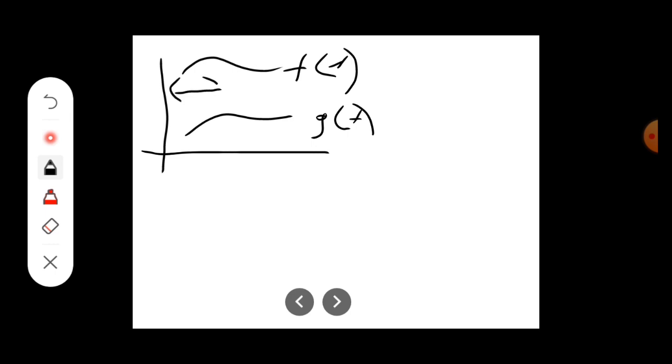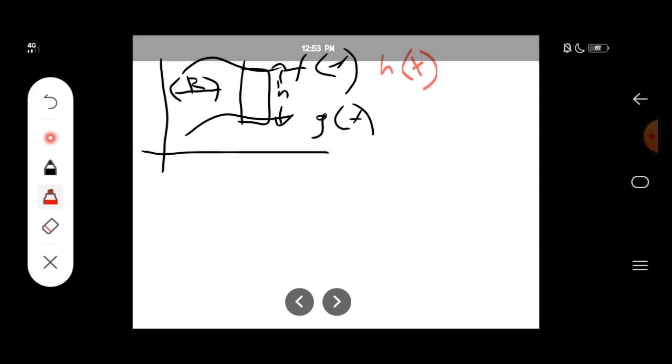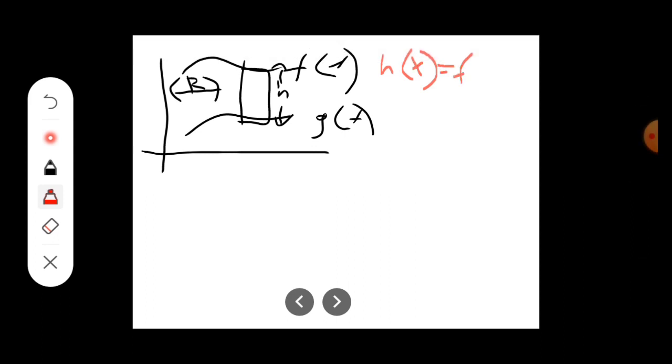This is radius, and this is going to be the height of the shell. This is height. So the only difference in this situation is that h of x is equal to the top function f of x minus the bottom function g of x. So h of x equals f of x minus g of x.